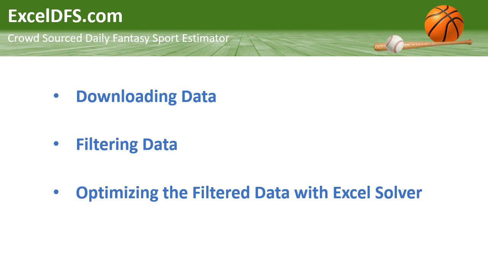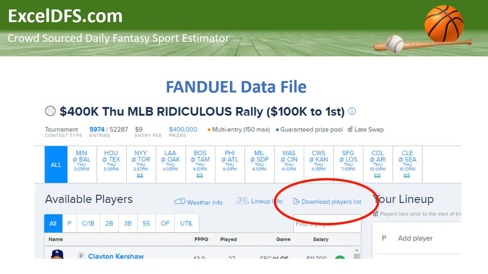So stage one, locating the data. If you go to the FanDuel site and pick the game you want to play, you'll see a link called Download Players List. This gives you a list in a CSV file format, which obviously is wonderful for Excel.